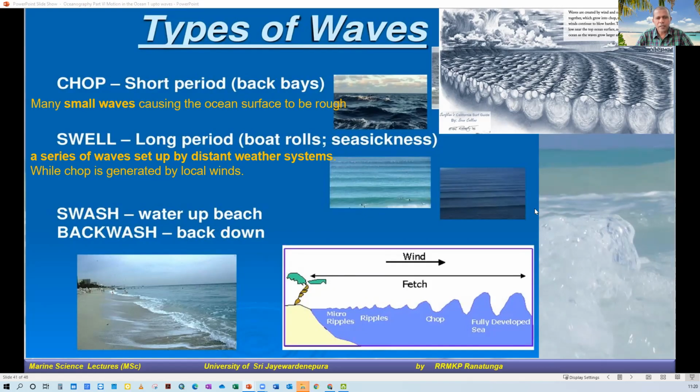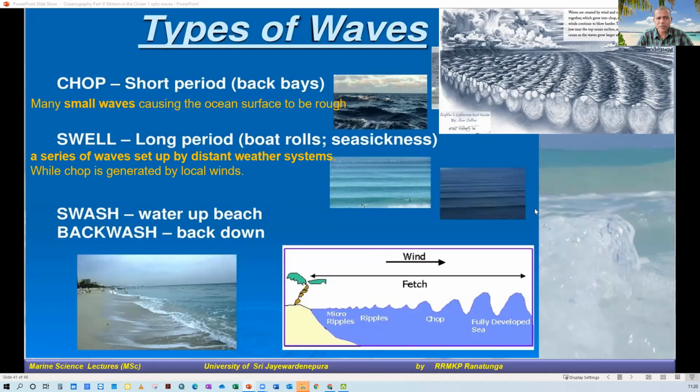Especially if you are someone going to the sea, a boatman, a fisherman, a seafarer, or a naval person who goes to the sea very often, then you need to be very knowledgeable about these terms used by mariners, especially whether the ocean is calm or rough. It's a general term, but some people call it like today the sea is more choppy.